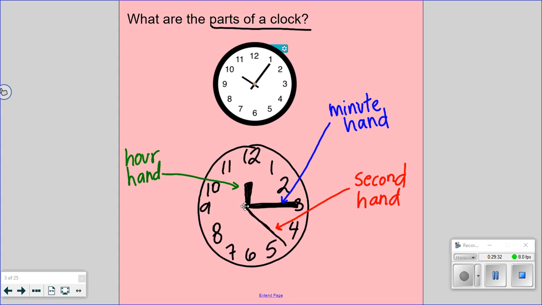That hour hand is moving. I'm noticing that hour hand is not exactly on the 10. Do you see that? It's a little bit past the 10. I wonder why that is. Why do you think that hour hand is just a little bit past the 10?